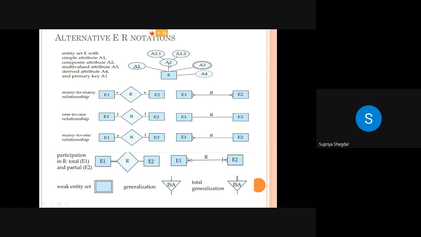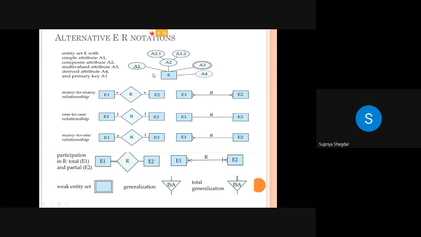Then I can write the student name, and again the first name, middle name, and one more ellipse for the last name. Then A3, suppose the phone number of the student, is multi-valued, so I can write phone number here, and the derived attribute is the age of the student.